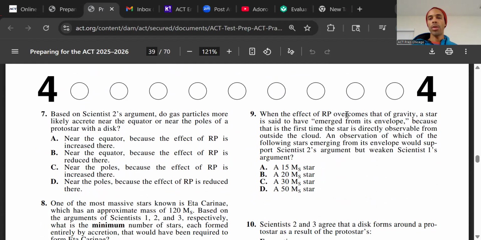When the effect of RP overcomes that of gravity, the star is said to have emerged from its envelope, because that is the first time the star is directly observable from outside the cloud.